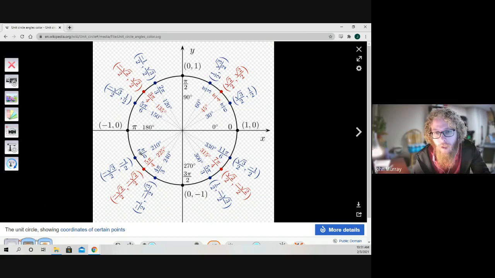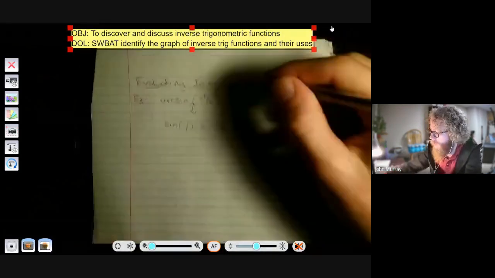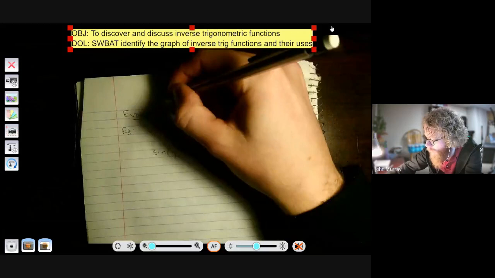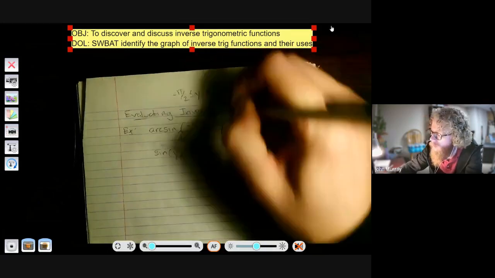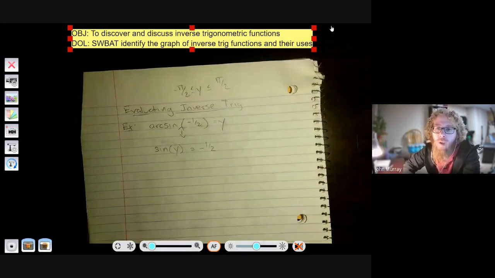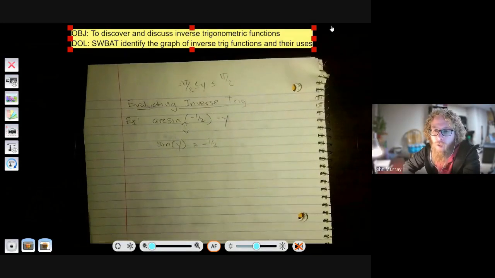But we have an issue. 7 pi over 6 and 11 pi over 6 are outside of our range, right? Remember, our range has to be in between negative pi over 2 and pi over 2, right?